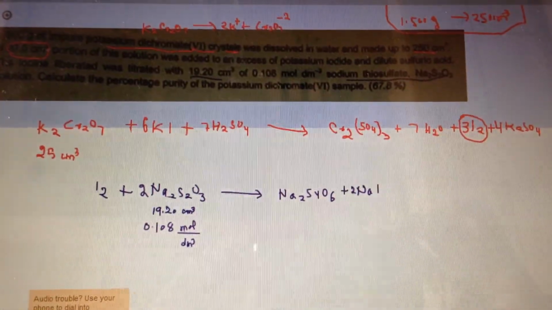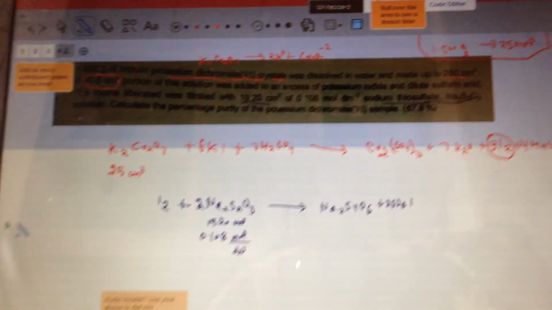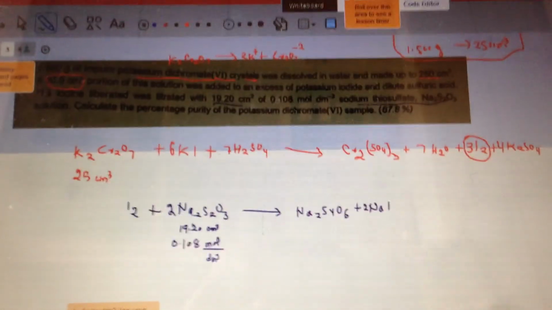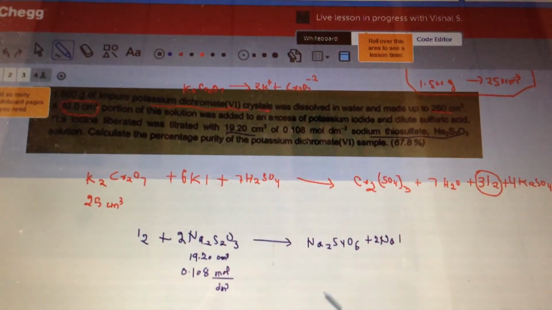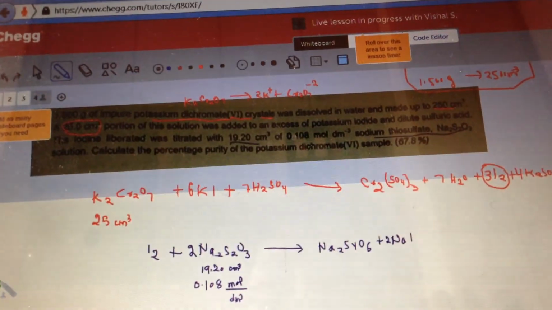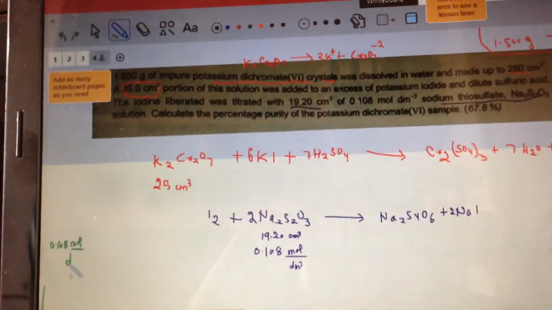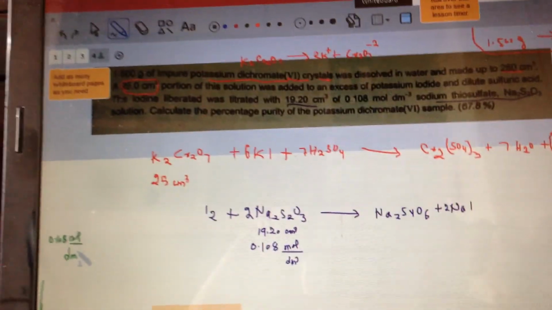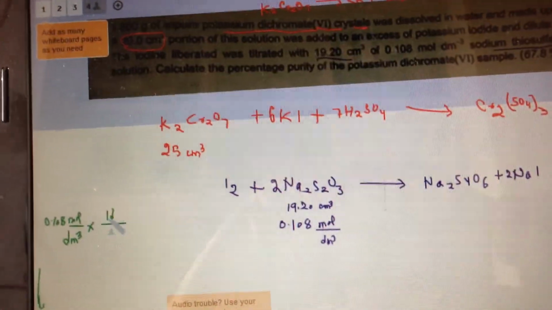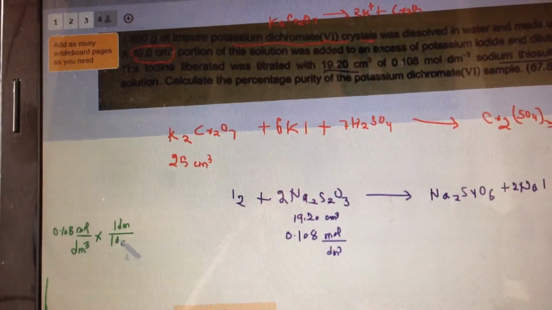So write down here, so open up the page here. So we have 0.108 moles per dm cubed. Now 1 decimeter is 10 centimeters. So we use that equality here to convert that.